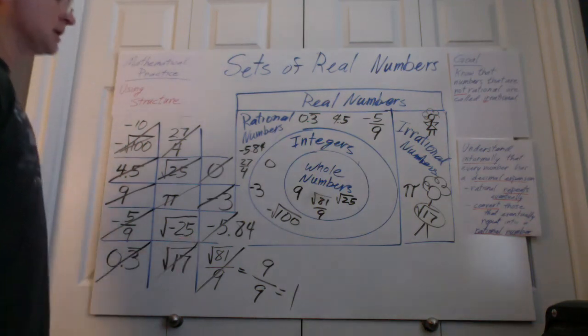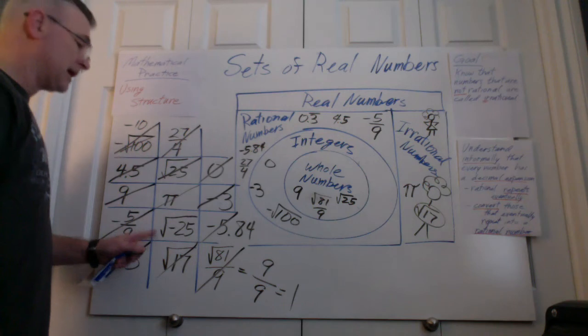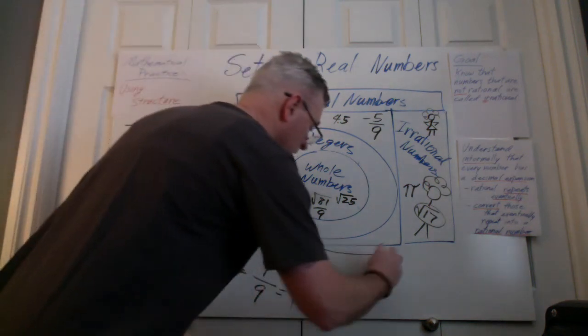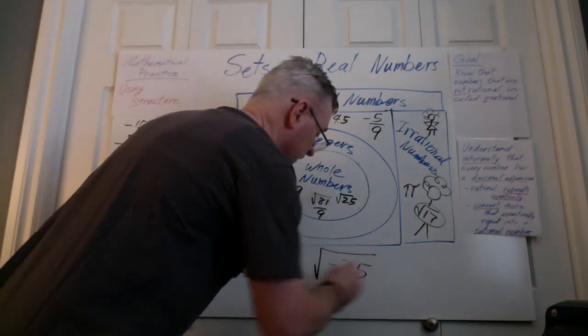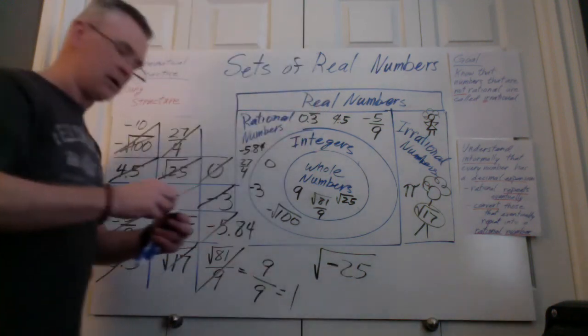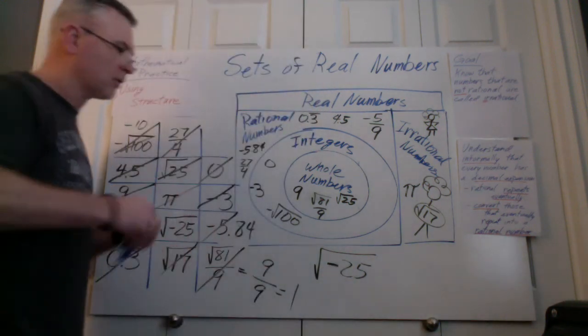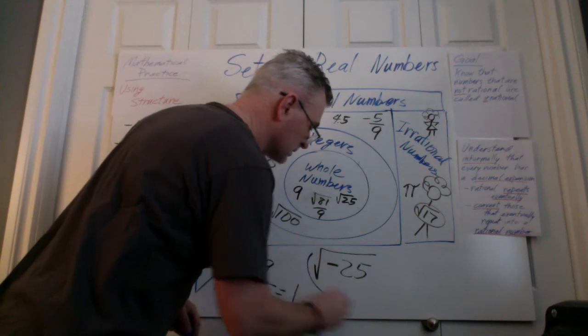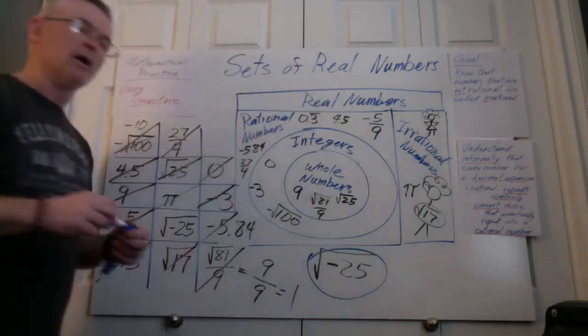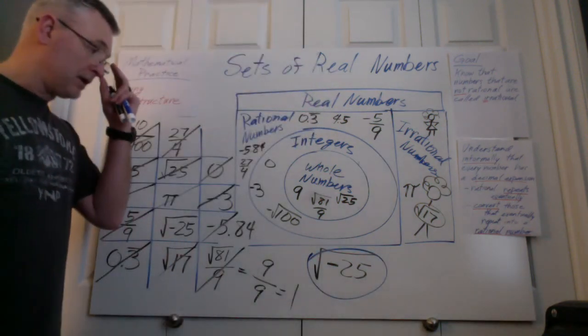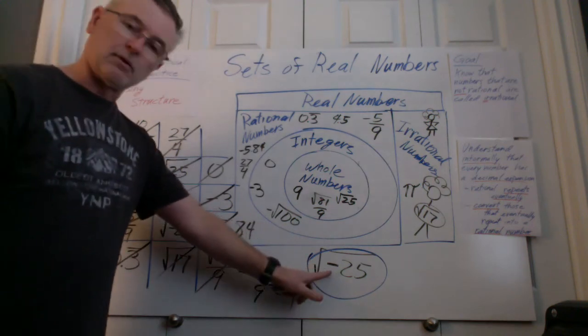The last one we need to look at is the negative square root of negative 25. And I know a whole bunch of you are ahead of me on this, and good for you. This is a smart group of people. There is a very difficult problem here.